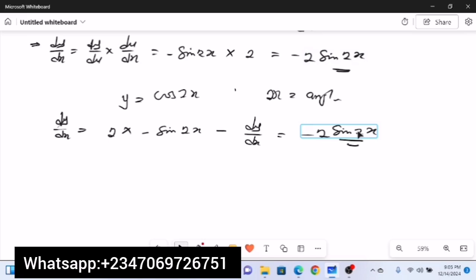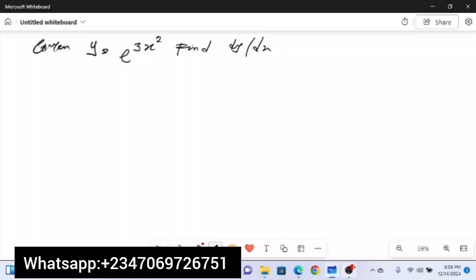Now let's solve one more example on chain rule. Now let's say we are given y to be equal to exponential 3x squared, and we're asked to find dy all over dx. First thing to do is simply let u be equal to what? The power of the exponential function, which is 3x squared.